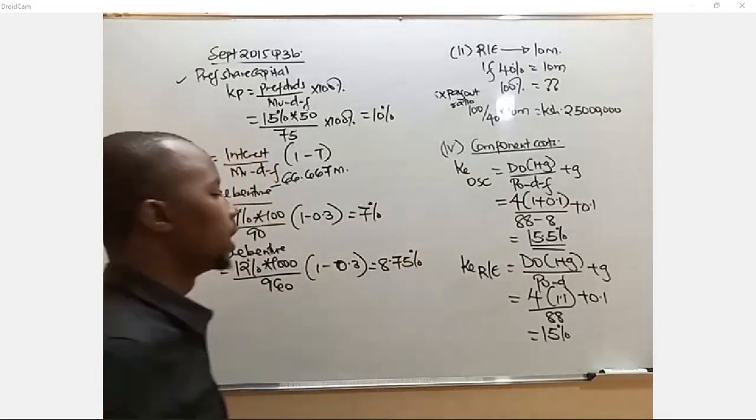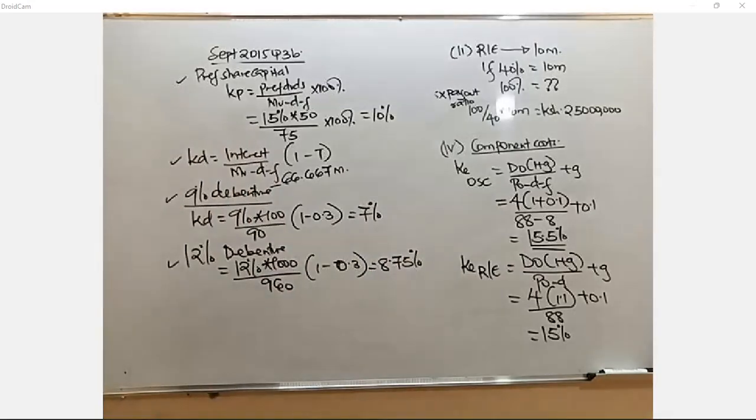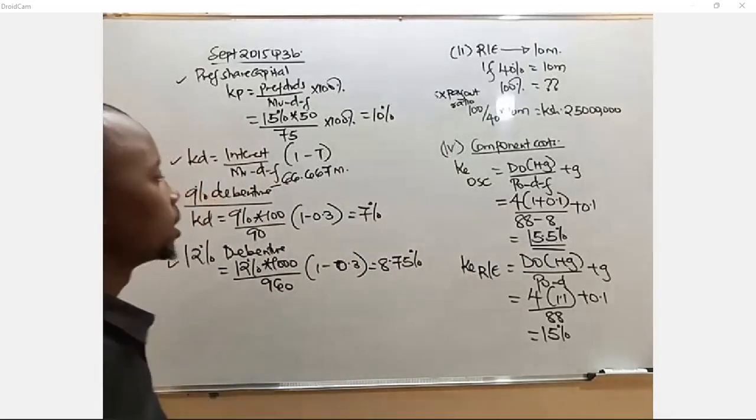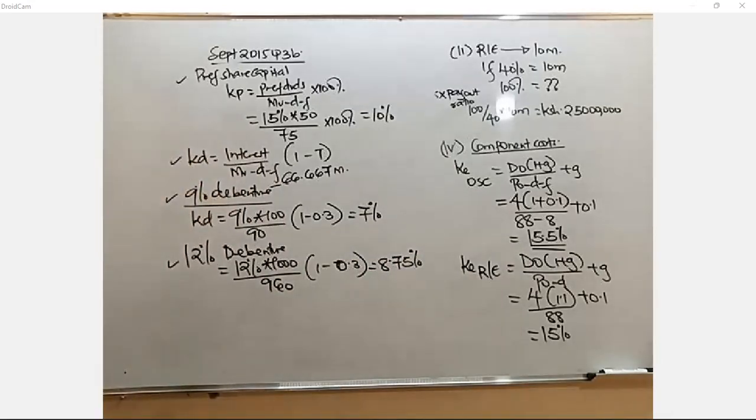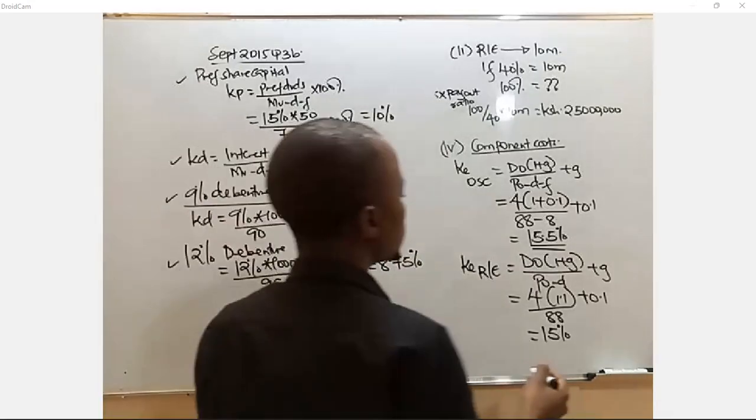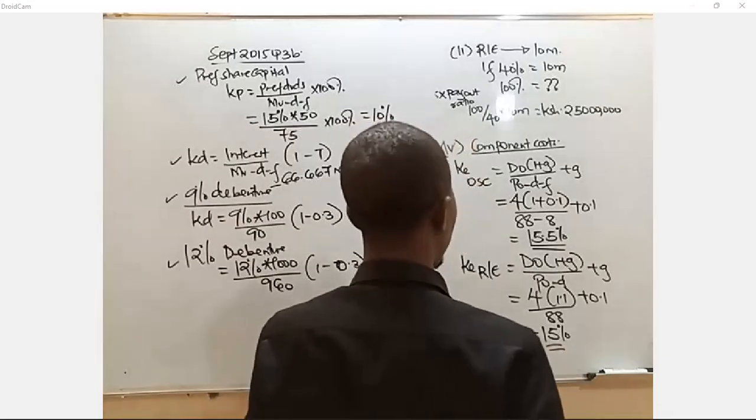8.75. There is a question you students normally ask: Mwalimu, where am I going to be starting my computation? I remember the minimum, because the examiner is talking about 20 million, and the cheaper source is 15%.